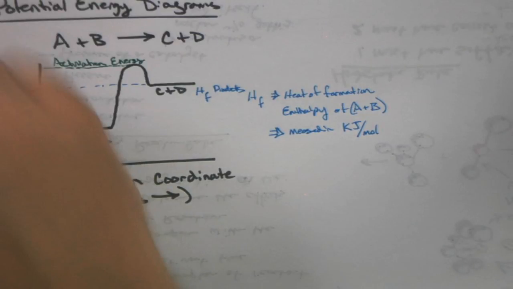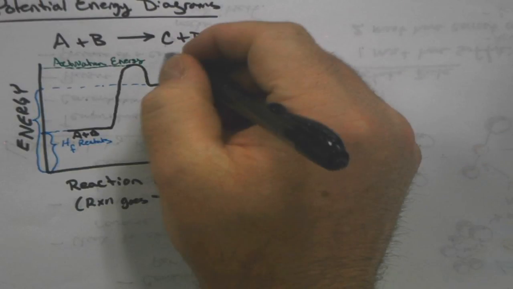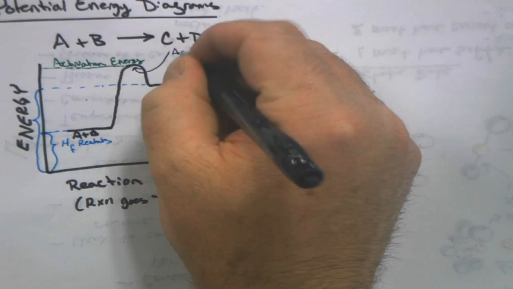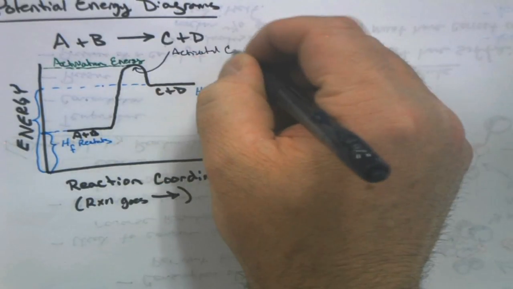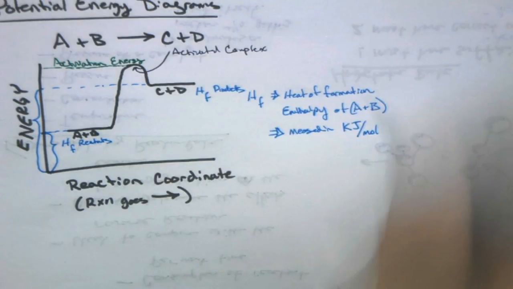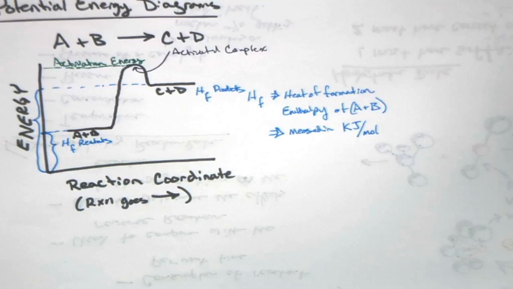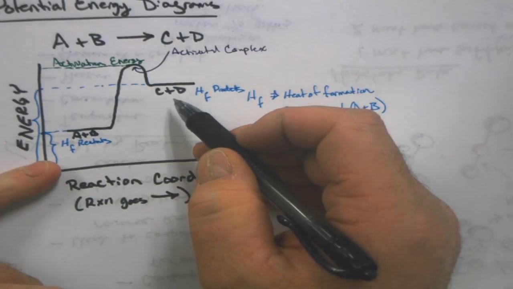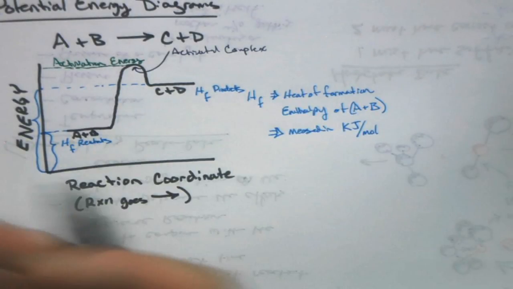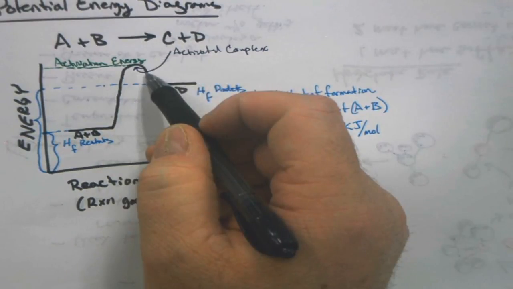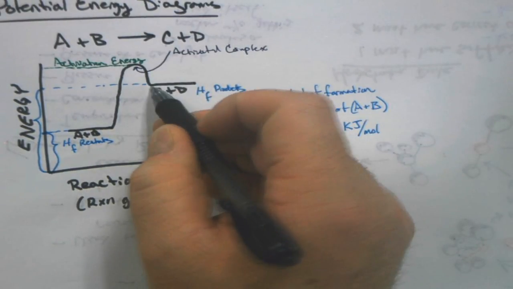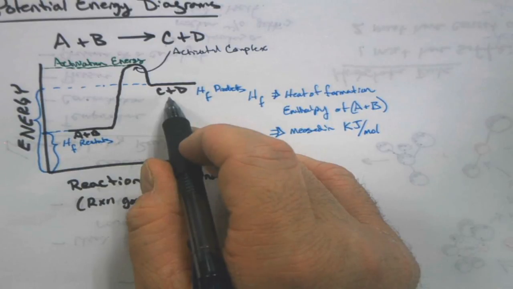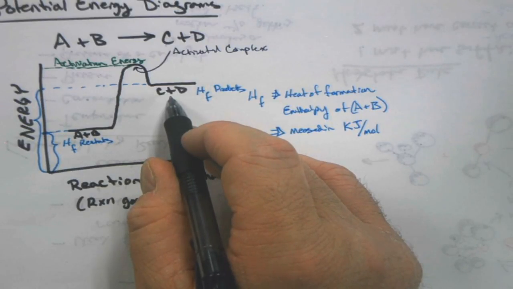So right here, at that spot right there, it's a very energetic construct, and it's a transition state between the A plus B turning into the C plus D. That is the activated complex, and there's a lot of energy stored there, so that when it continues, some of that energy is absorbed and becomes the energy stored in our products. You guys following here? Yeah, we're good? Okay.